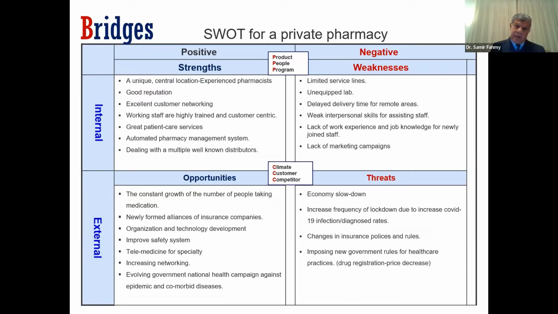Newly formed alliances of insurance companies. Now it's a growing idea, in medical insurance, there are a lot of companies who start serving certain groups of patients here. Organization and technology development. Now, there is room for growing development in this area.